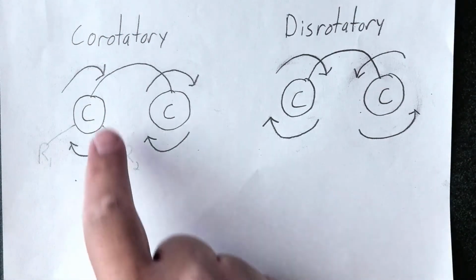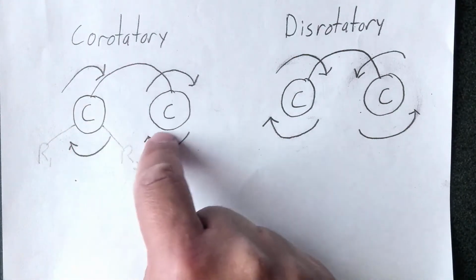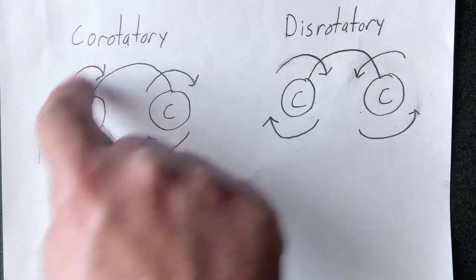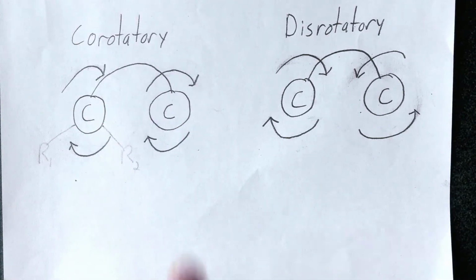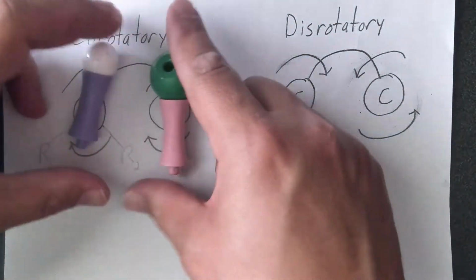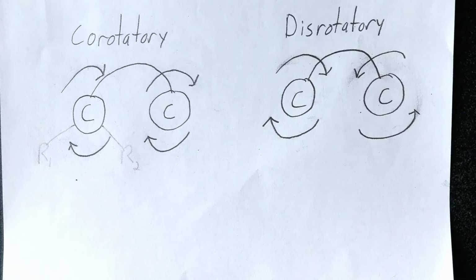Now, don't get confused and think that conrotatory means both always rotate clockwise. You can also have them both rotate counterclockwise. So it'd be something like both of them rotating like this. The whole idea is that whichever way the one carbon is rotating, if it's conrotatory, the other carbon has to rotate the same direction.